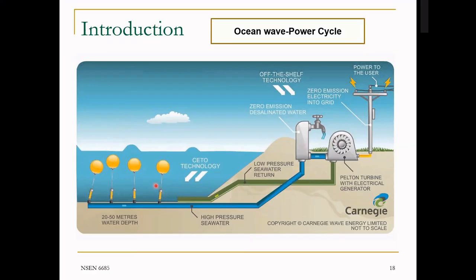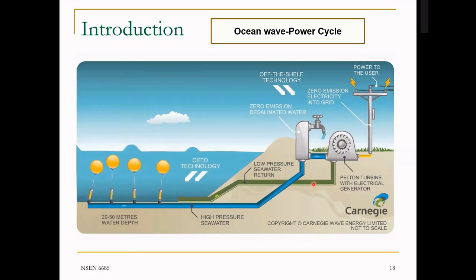So we are using the energy stored in these waves to pump water to a higher altitude. You see that they are located 20 to 50 meters beneath the surface of the ocean. Because these cross-links are going back and forth, they act as a pump. They are pressurizing the water so that it can go to a very high level. Then you can drop it over the turbine to rotate it.